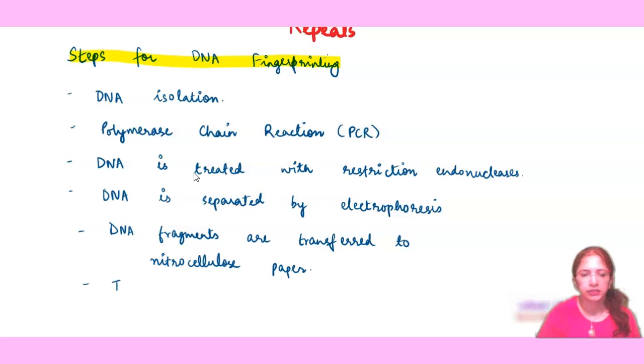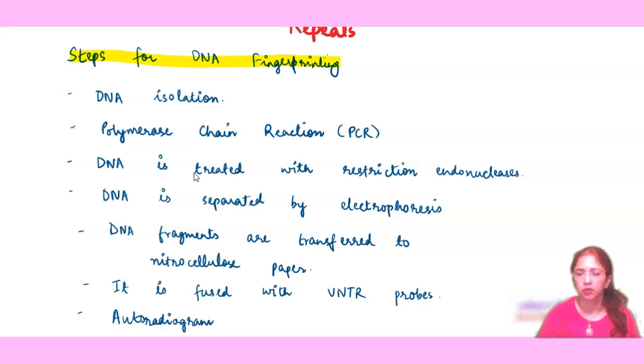Then it is fused with VNTR, meaning artificially designed variable number of tandem repeats which contain radioactive bases. These artificially designed VNTRs are known as VNTR probes, and in the end radiography will be done. So an autoradiogram will be prepared, and this will give an impression of what the DNA fingerprint of this individual is.